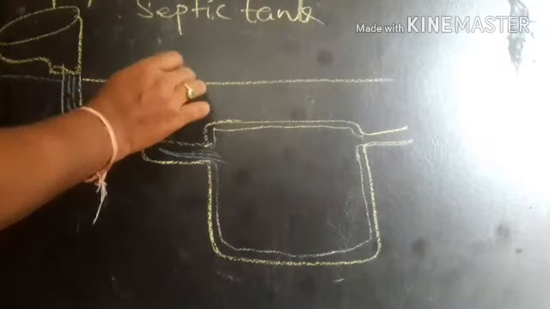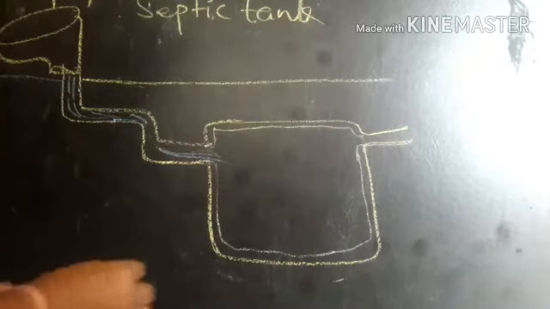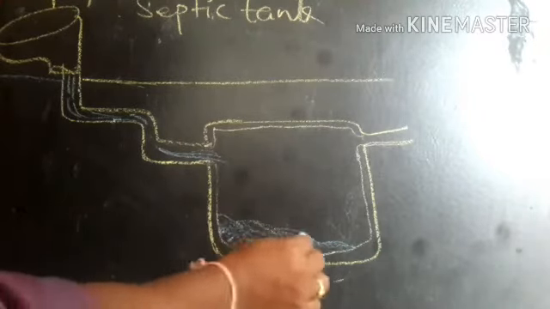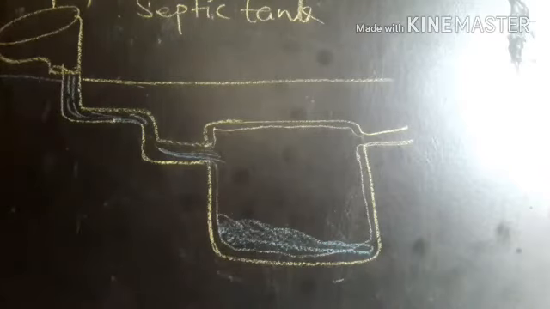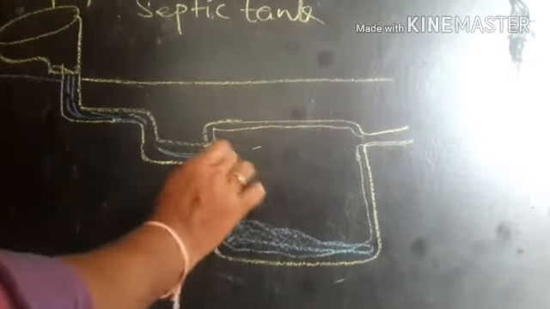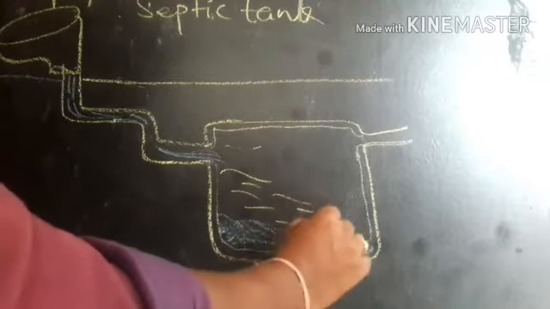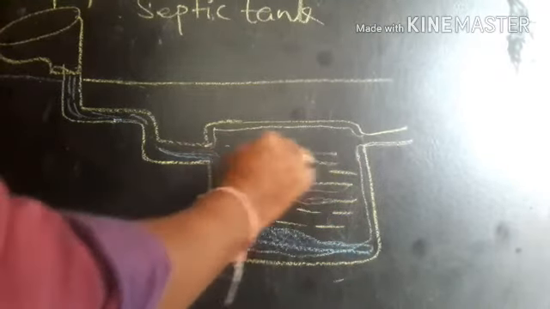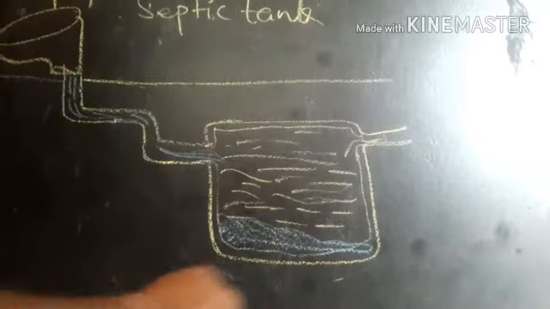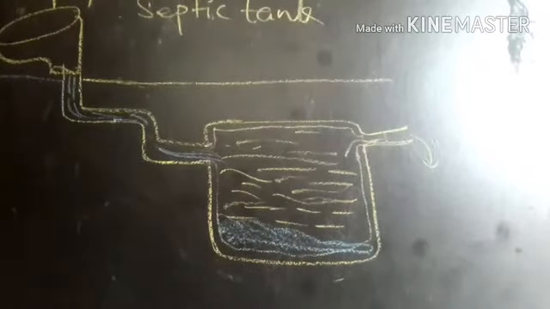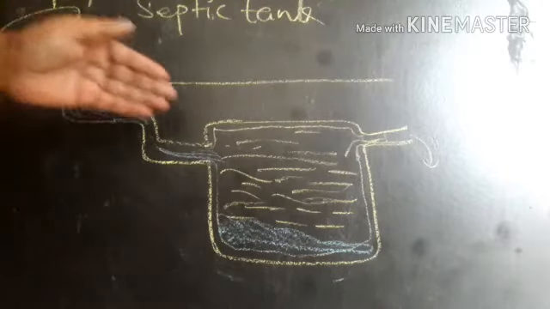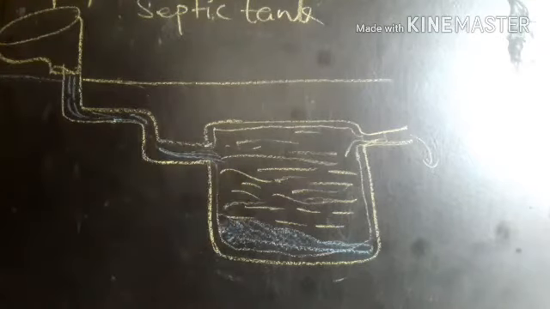Whatever solid material is present in the toilet waste accumulates at the bottom of the chamber, whereas the liquid, watery portion stays at the top, and the excessive water enters the soil through the outlet. This is the process of how we dispose of toilet waste and urine.